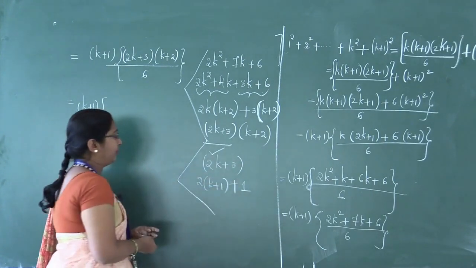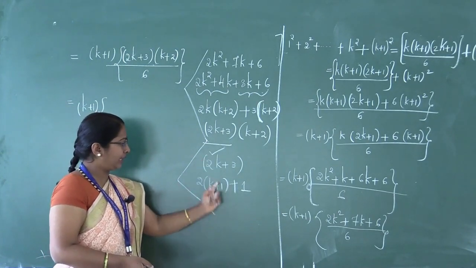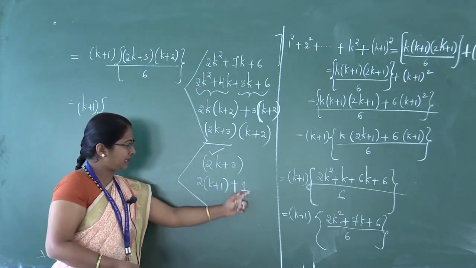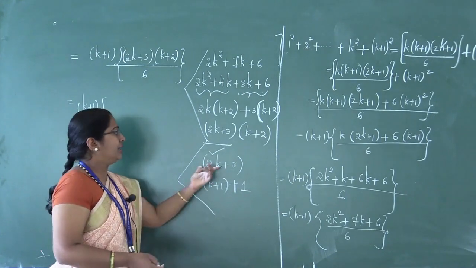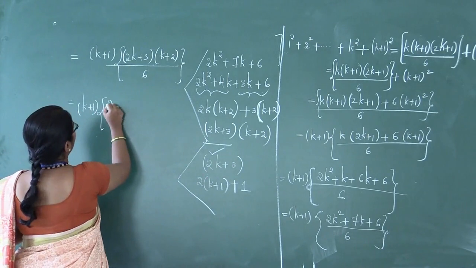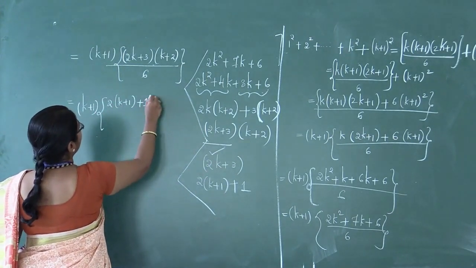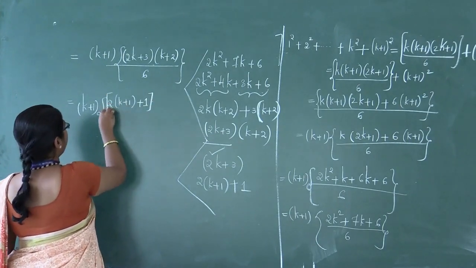It is nothing but 1. So cross check: 2k, 2 into k, 2k plus 2 ones are 2 plus 1, summing up to 3. So 2k plus 3, I can rewrite it as what? 2 into k plus 1 plus 1. This is the first term.